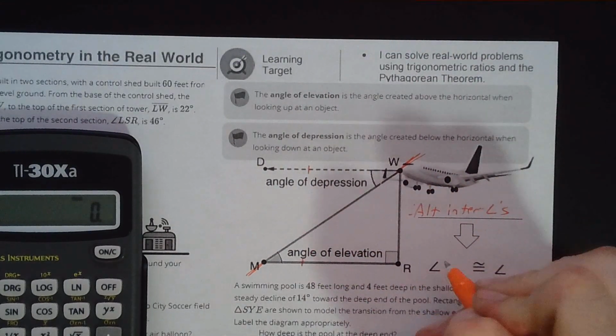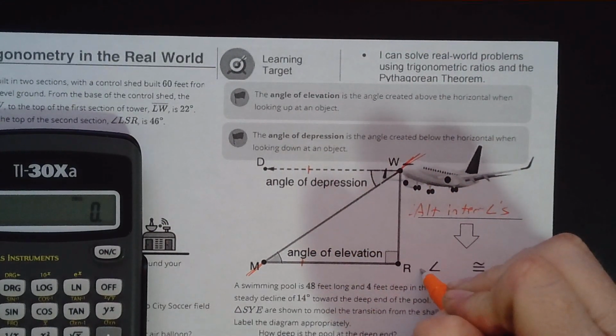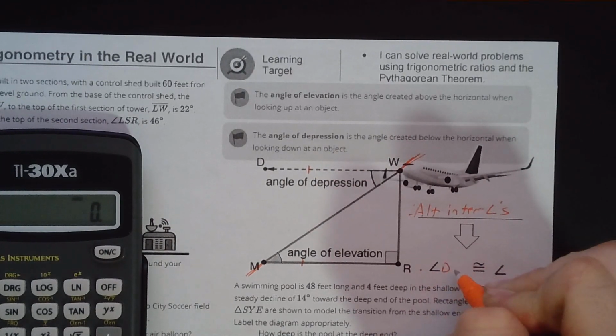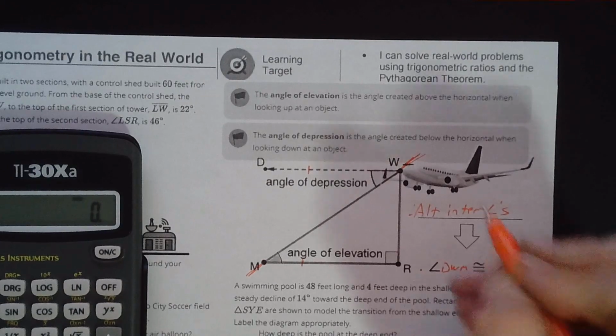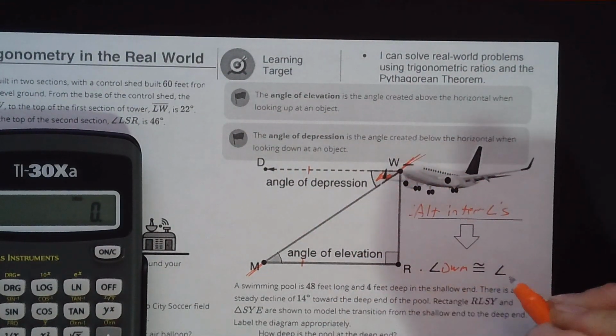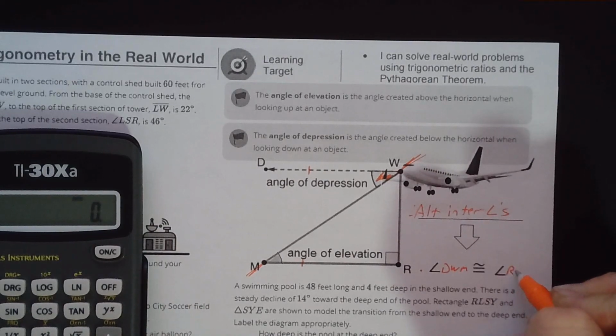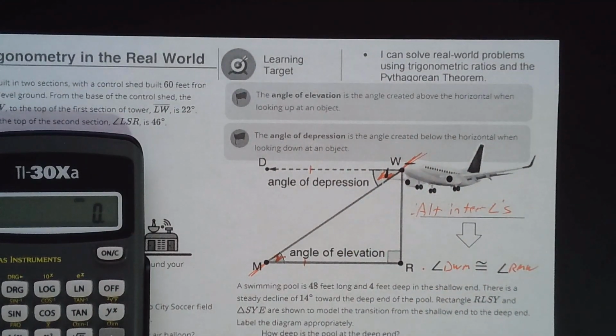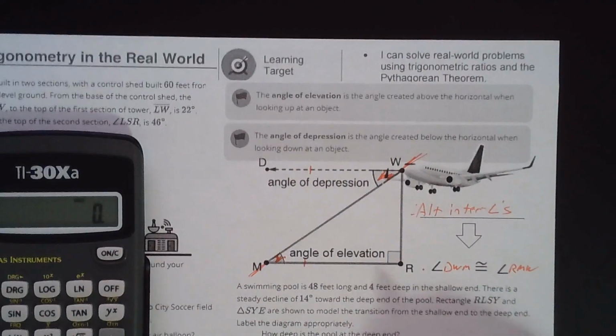So the measure of angle DWM, this one, and RMW, this one, they're congruent.